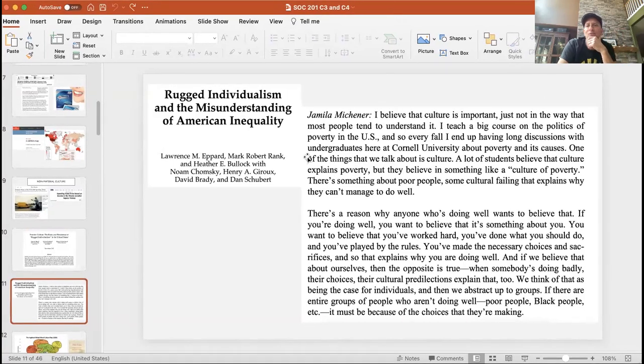And you can read about why that rugged individualist perspective is faulty. Because what we do is we look at something like poverty, or different social issues, through the lens of this rugged individualistic perspective.